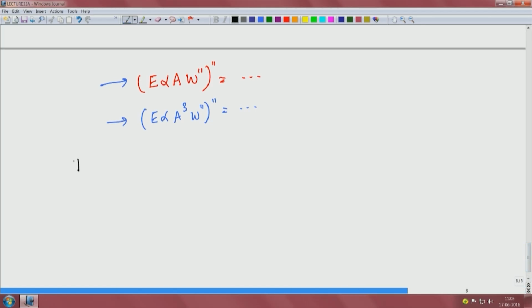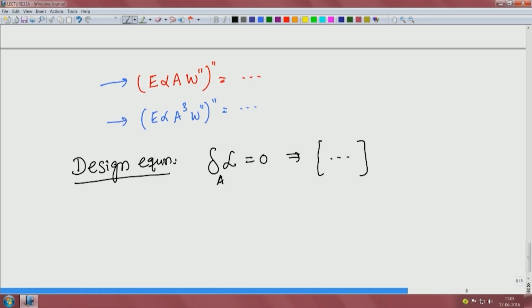Finally, what you would get when you do all this is something that we should remember. We will be getting the design equation, because of taking the Lagrangian variation with respect to the design variable equal to 0. Okay. And this design equation will have a particular form. There will be some expression times lambda times some expression equal to 0, that is the form of the design equation.